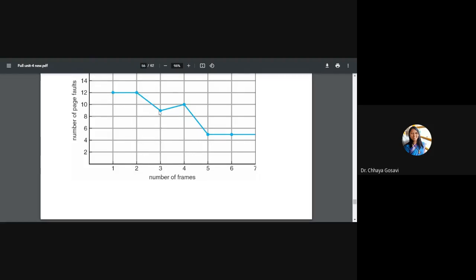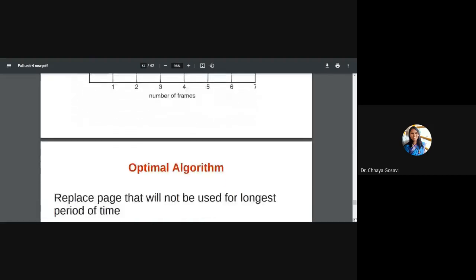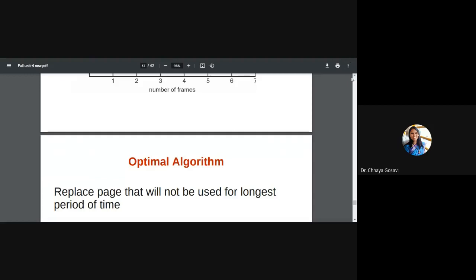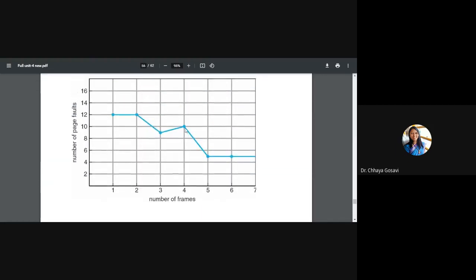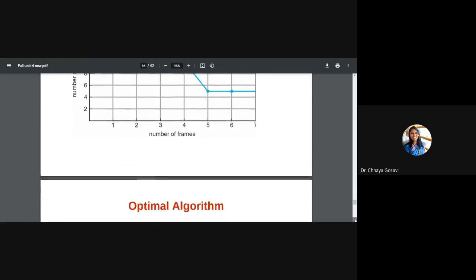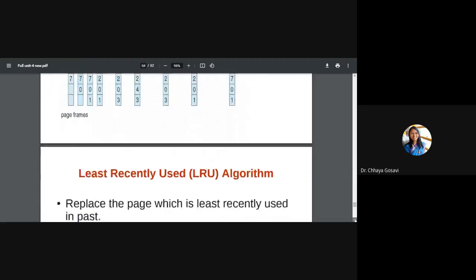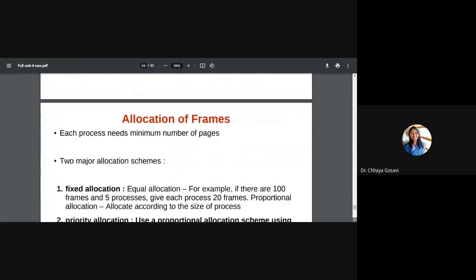For 3 frames, you get 9 page faults. For 4 frames, you get 10 page faults. With 5, 6, and 7 frames, you get 5 page faults. So you can draw such a graph and show that sometimes even with an increasing number of frames, you get more page faults. This is with optimal and LRU.